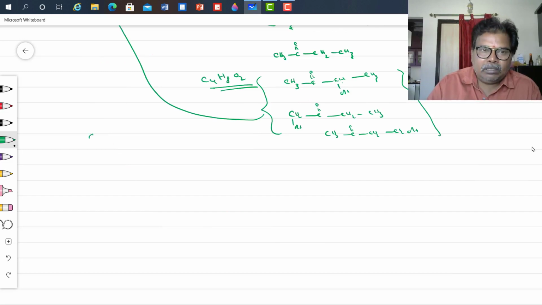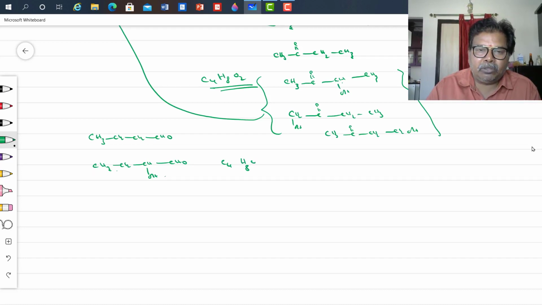For example, CH3, CH2, CH2, CHO. Suppose if one of the hydrogens is replaced by an OH group, then what is the formula of this compound? C4H8O2.